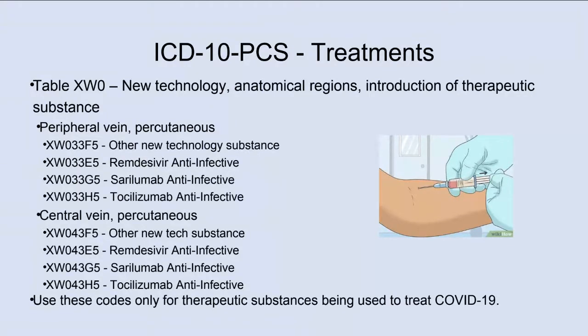Anyway, there's also an other new technology substance code. So for the medications, the drugs that they've used to treat, they have these, and then if something else is being used, use this one. These are only for COVID.